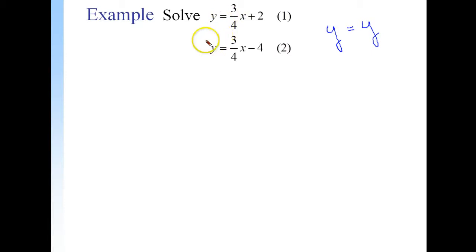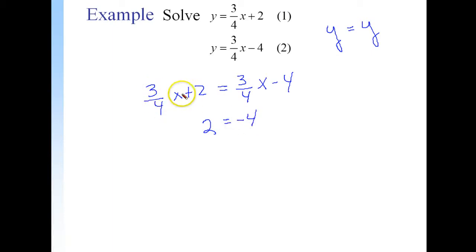This y we're saying equals this y. And then we're going to now substitute that this y on this side is 3/4 x plus 2 equals this other y, 3/4 x minus 4. Well, if we subtract 3/4 x from both sides, we then get the statement 2 equals a negative 4.